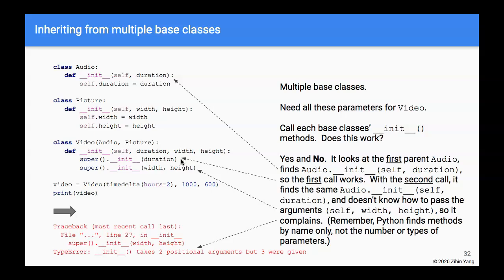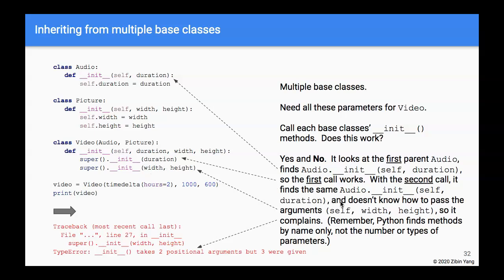That's why in this stack message, it's not complaining about this line. Now, when it gets to the next line, it will do the same thing again, because it's the same call, right? Super init. Again, it's going to look in the parents for a method called init, and it starts again with the first parent, which is audio, and it will find the audio init method again, which takes a single parameter, but here we supply 2 parameters.